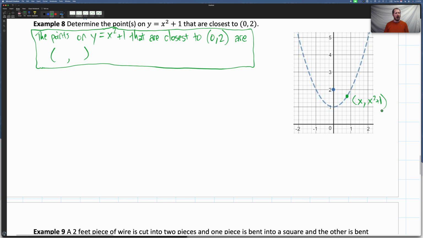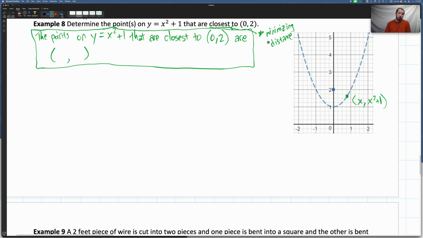So what are we trying to maximize or minimize? It says closest, so that means we're trying to minimize distance. I want us to read that closest as minimizing distance. In this case, it's between two points: a point that we're given, (0, 2), and a point on our parabola.